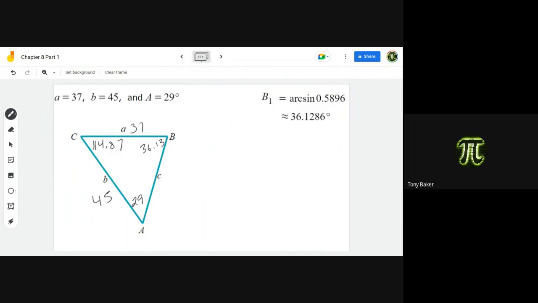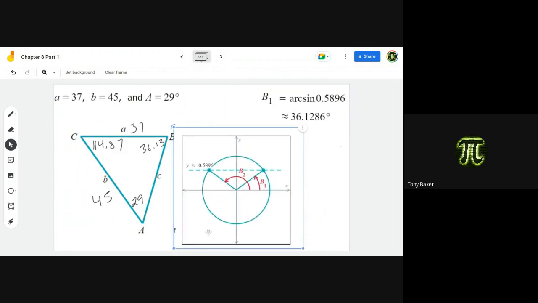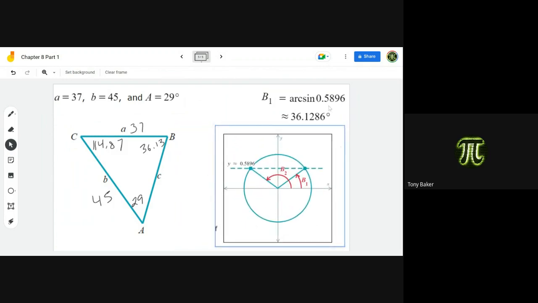All right? So, what we have is a situation where we could have multiple correct answers. So if we look here, you can see how that 0.5896, the actual value that you got when you plugged it in, has two possible values that would work. We've got this one, the one you found, that's the 36.13. But we also have this one over here.